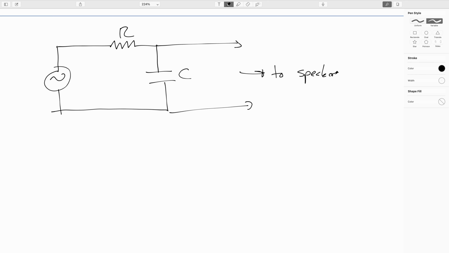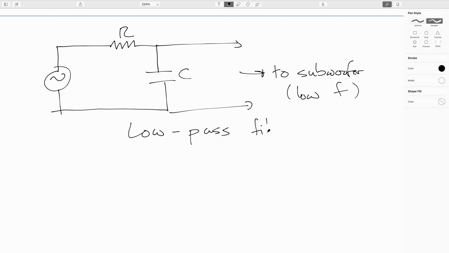And it turns out that what this will do, this is going to the subwoofer, so our low frequencies are going through here. So this gets called a low pass filter because that's what passes through.